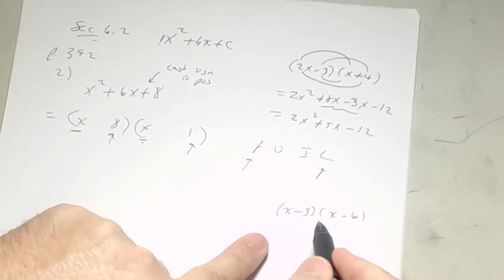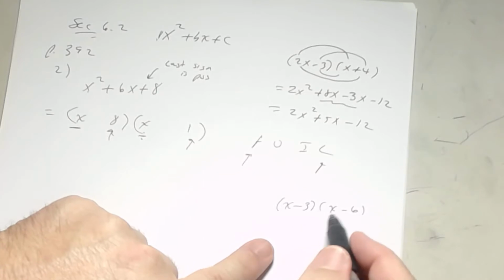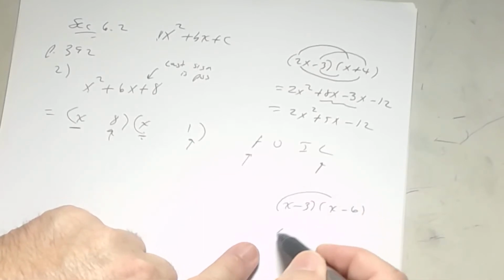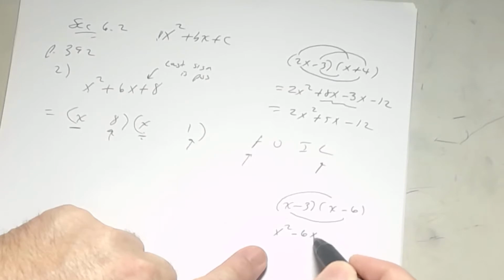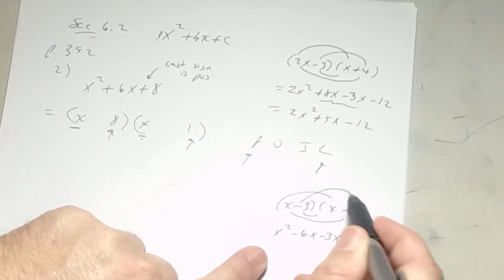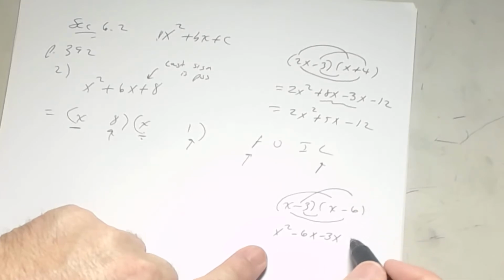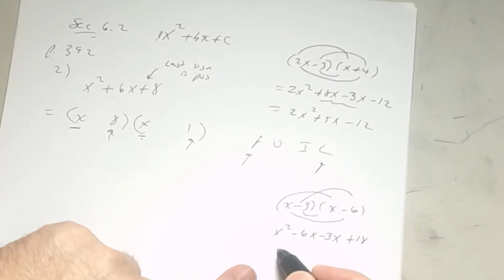When I FOIL this out, what's x times x? X squared. What's the outer? Minus 6x. What's the inner? Minus 3x. And a negative 3 times a negative 6 is a positive 18. So I get x squared minus 9x plus 18, right?